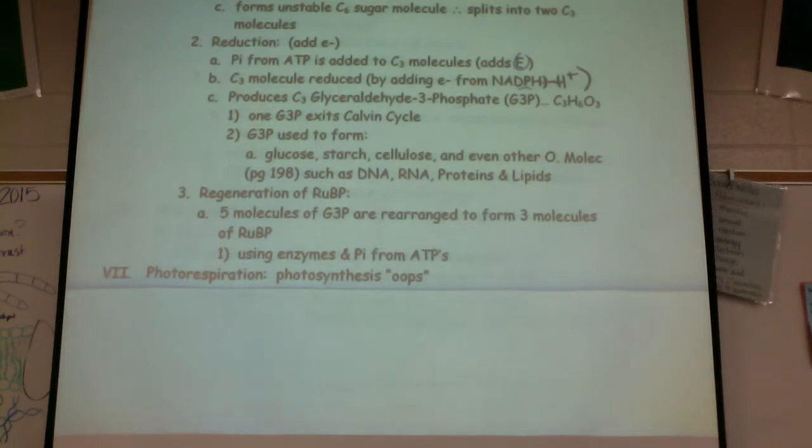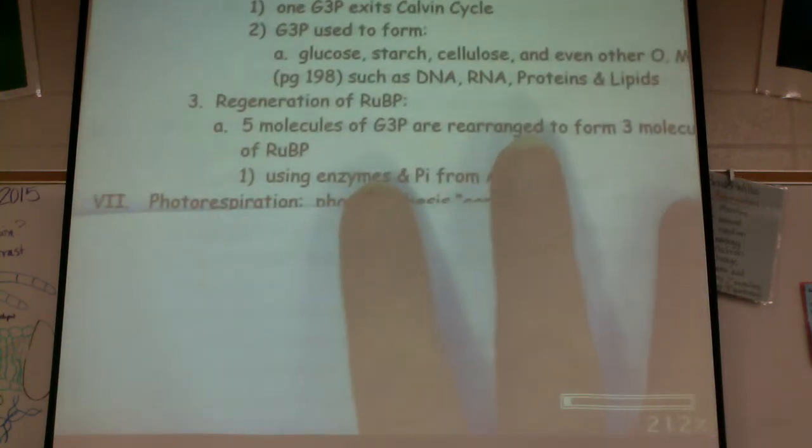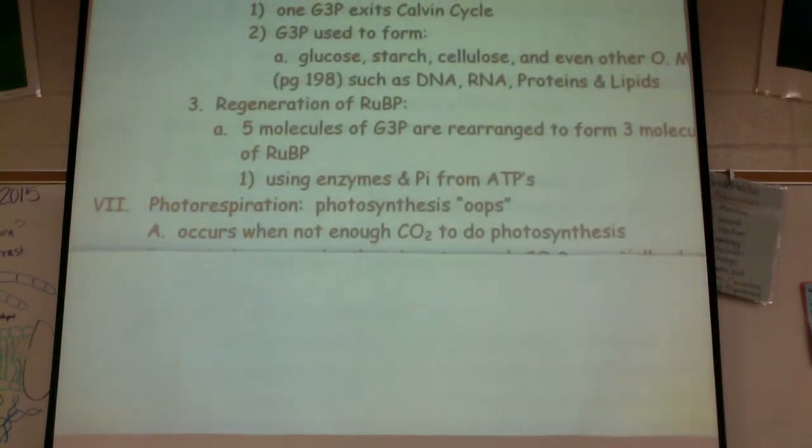So now, there is a problem though with photosynthesis in that you can have what's called photorespiration. In other words, it's where there's like an oops. So this is why there are plants that instead of being C3 plants are either C4 plants or CAM plants, okay?